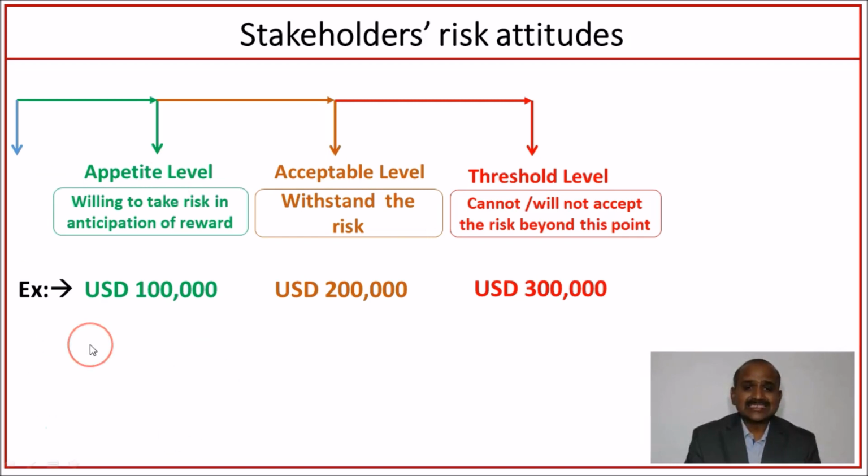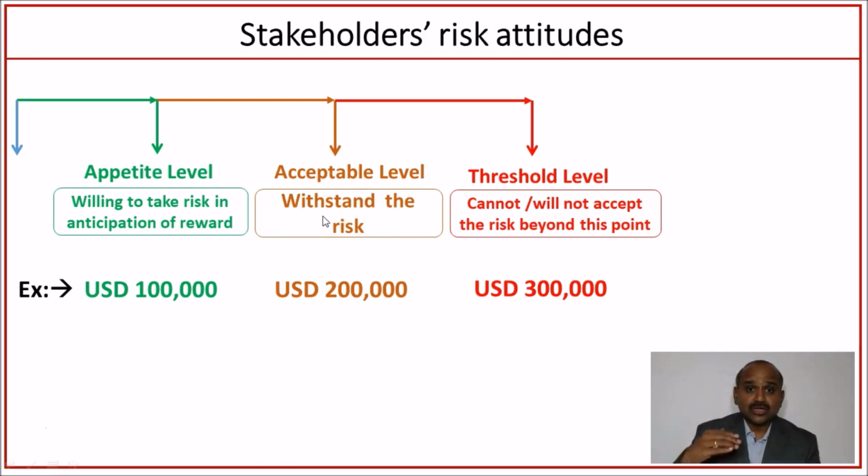Suppose a startup company wanted to invest 100,000 US dollars in a year in anticipation of some profit. Suppose it invested $100,000, but there is a need to invest more because the context is such that they need to invest more. So it is an acceptable level. That means up to 200,000 US dollars, they can withstand the risk.